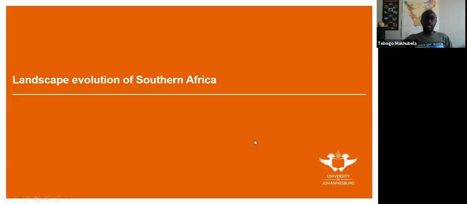And we use this to then measure the cosmogenic nuclides. Now let's move on to the main reason for this talk, which is the landscape evolution of Southern Africa and how the cosmogenic nuclides have been used to understand what has happened since the Pliocene in Southern Africa.